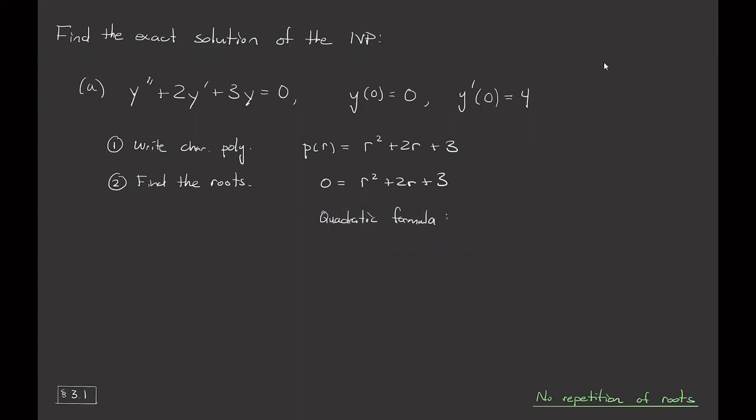Quadratic formula. R is going to be equal to negative b, which is 2, over 2 times a, so that's divided by 2, plus or minus 1 over 2a, times the square root of 4 minus 4, because that's 2 squared, minus 4 times 1, which is a, times c, which is 3.